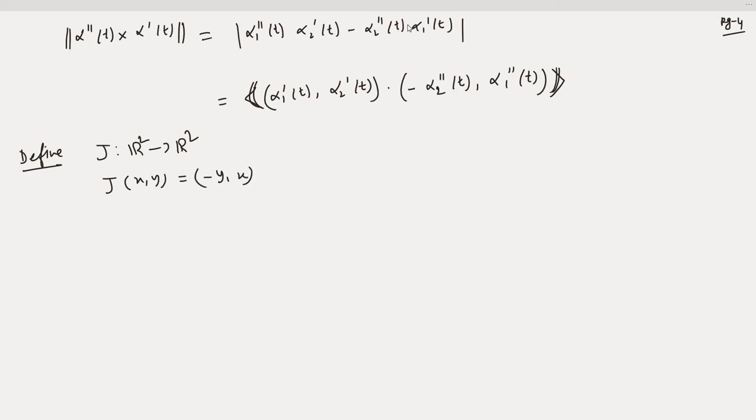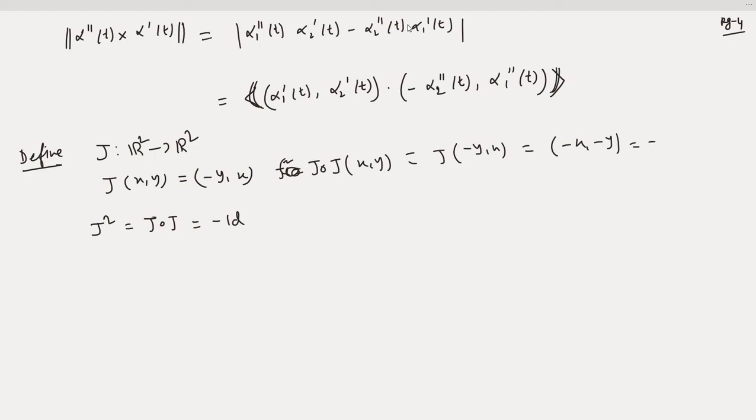Then you can see that j square, that is j composite with j, is equal to minus identity. Indeed, j of minus y comma x is minus x comma minus y, which is minus identity of x comma y.